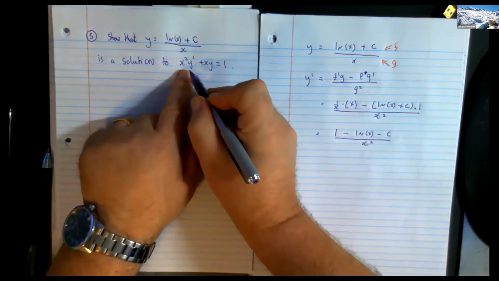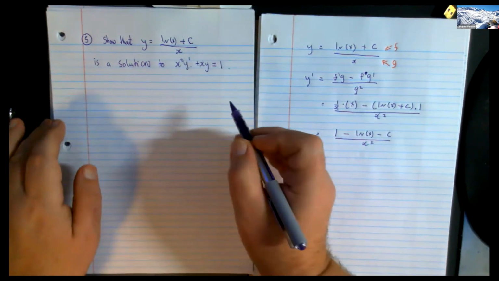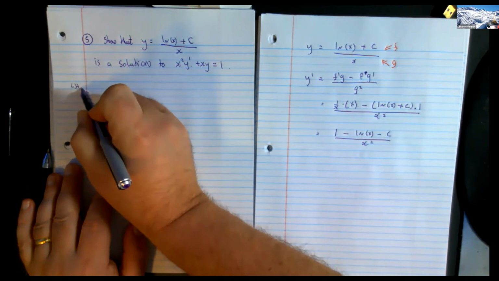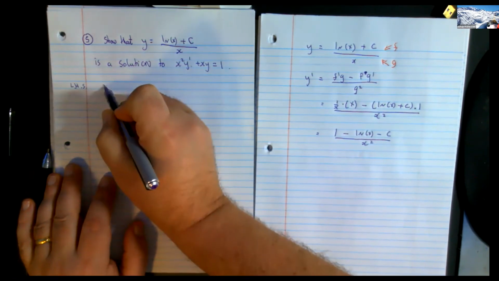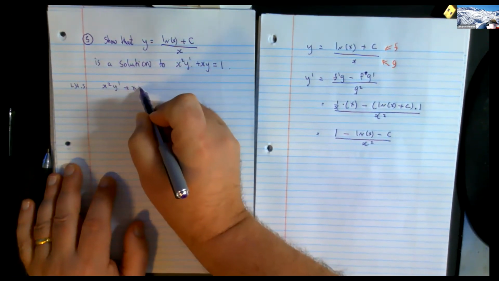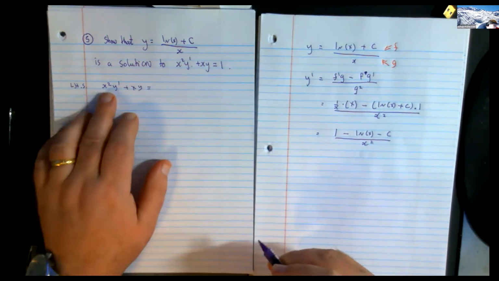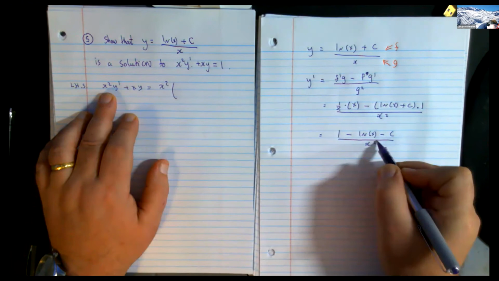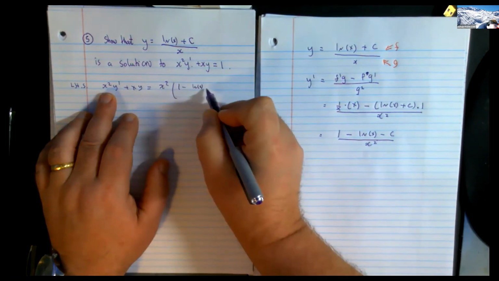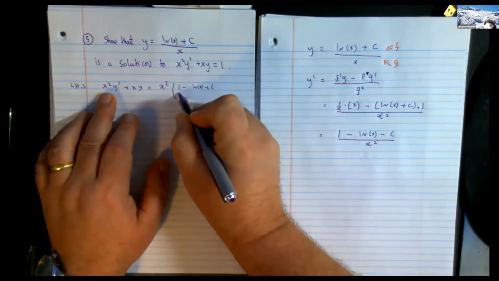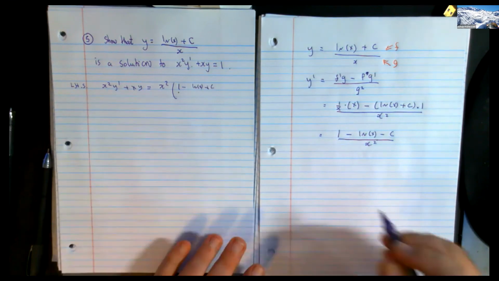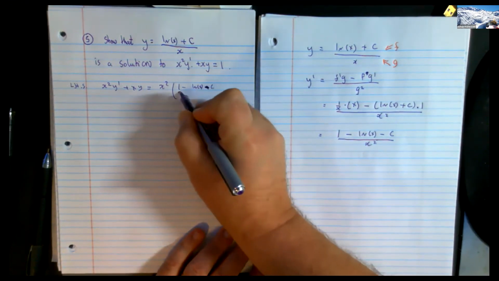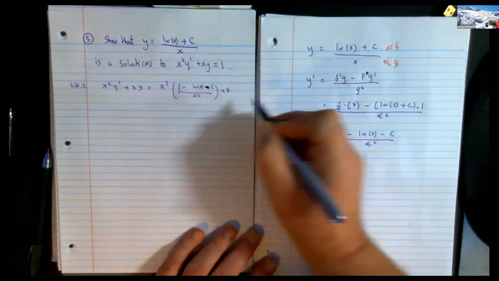So I'll come over here and I'll take the left-hand side, which is x squared y dashed plus xy. And that's going to be x squared times this. It's minus. Plus x times this guy.